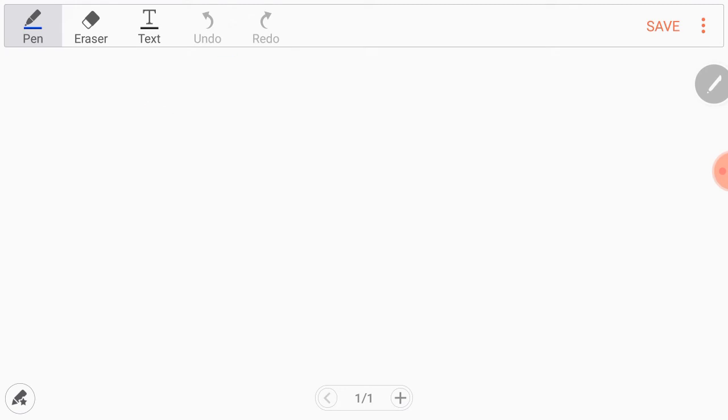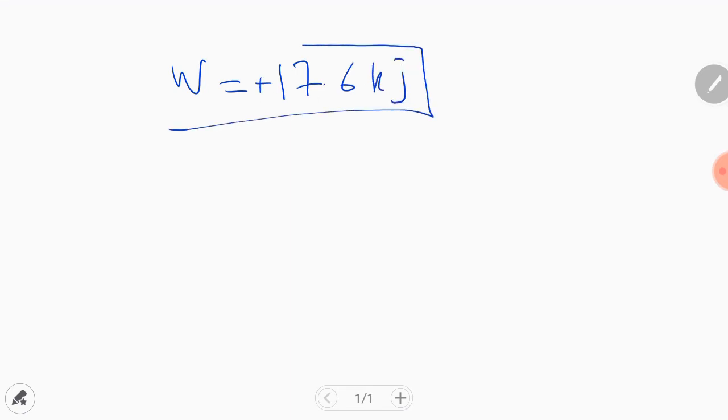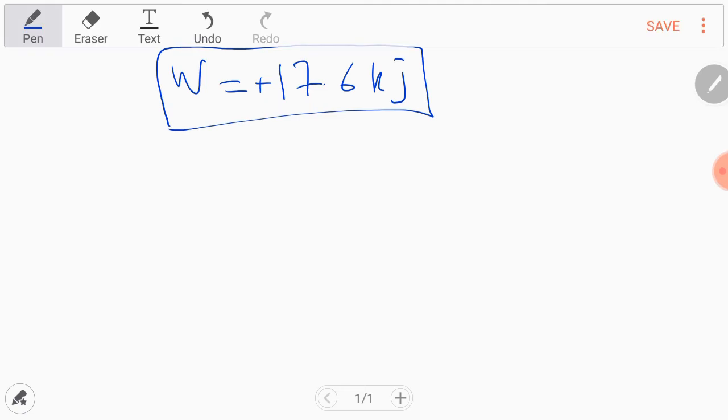For this numerical we can directly use the work done, 17.6 kilojoules positive, because it is a continuation of that numerical. But if we have a different value of n, we need to solve it again with P2V2 minus P1V1 upon 1 minus n.